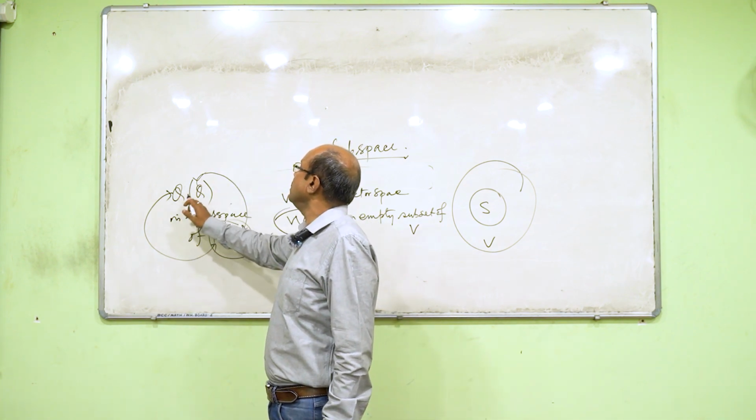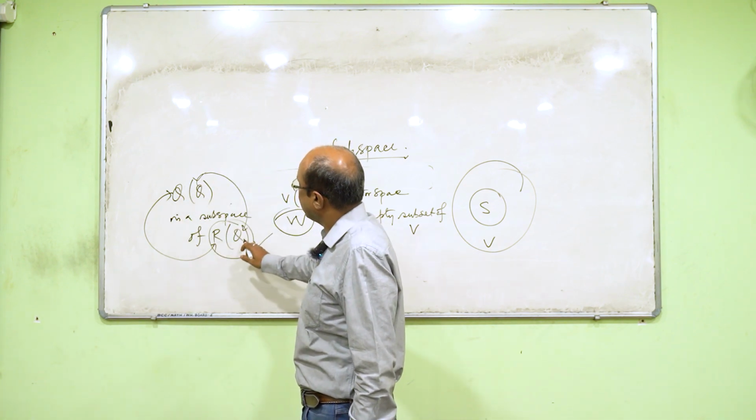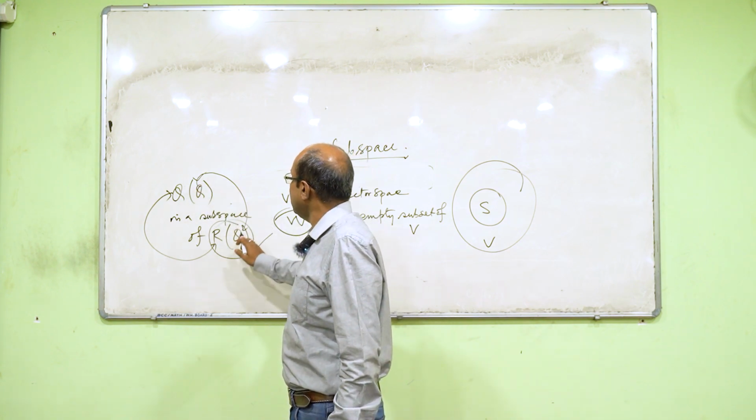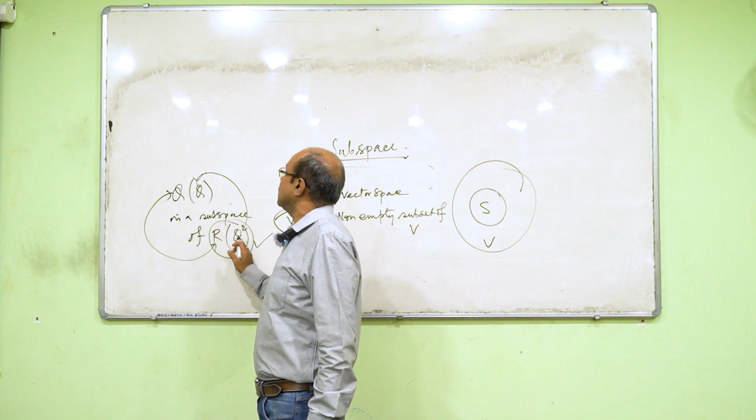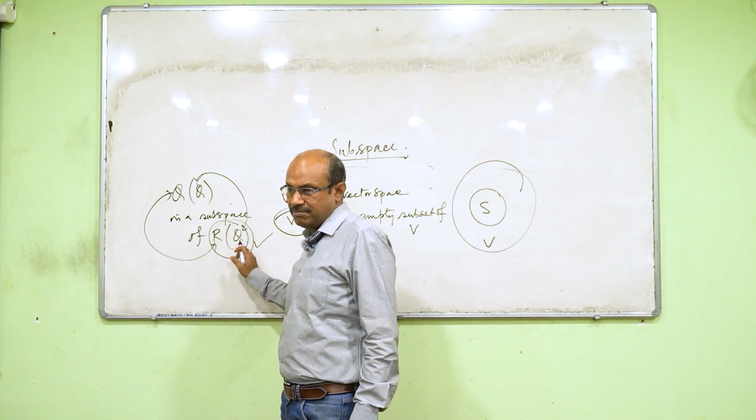Q over Q is a subspace of R over Q, so the field must be the same. Here we see that in both vector spaces, Q is the field, the same field.